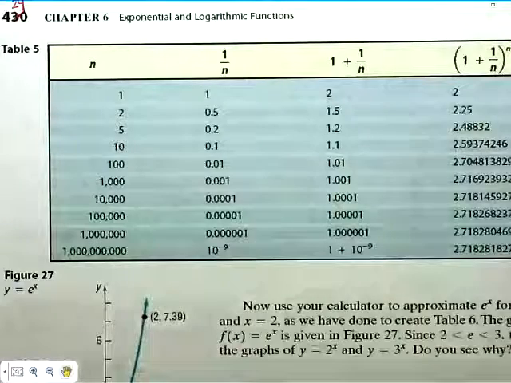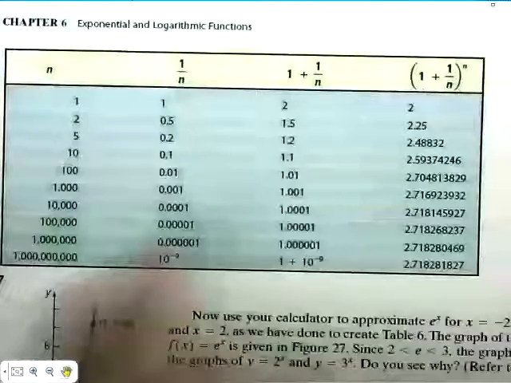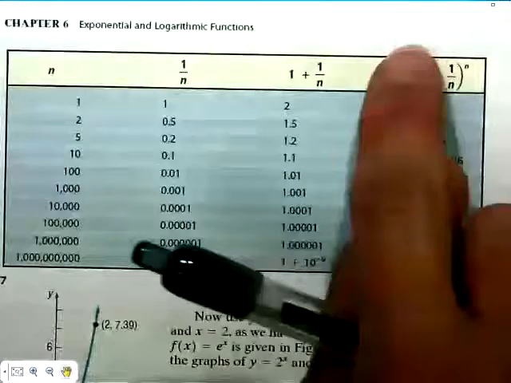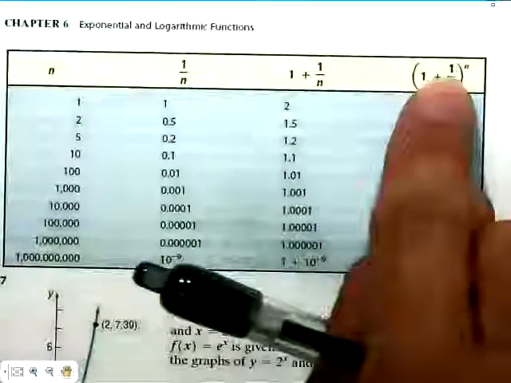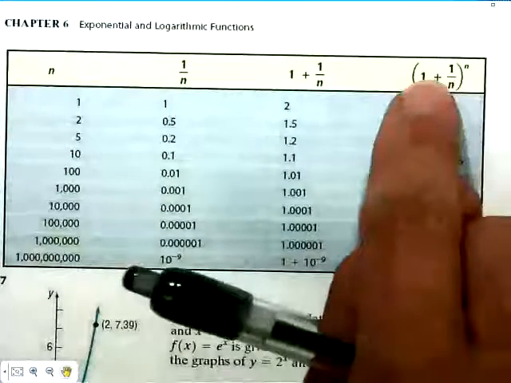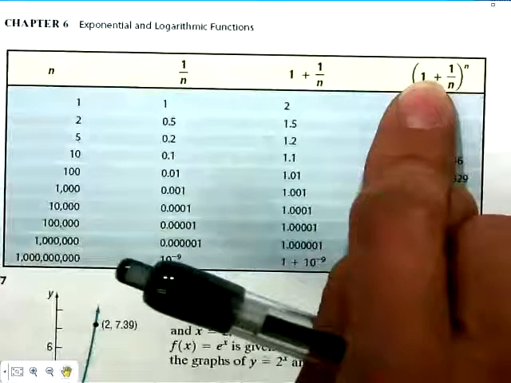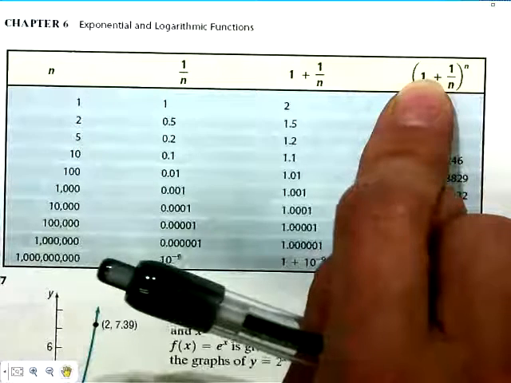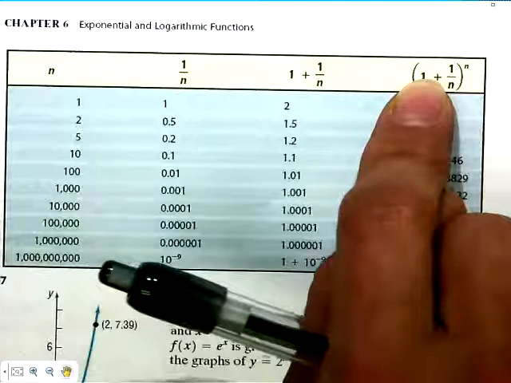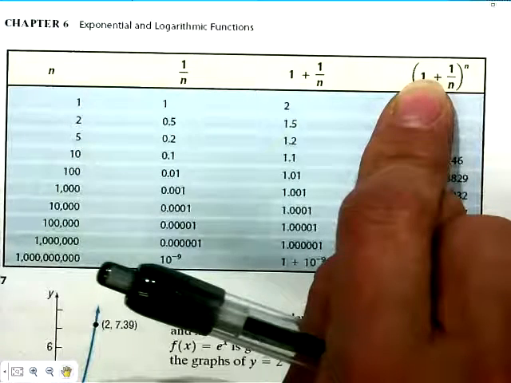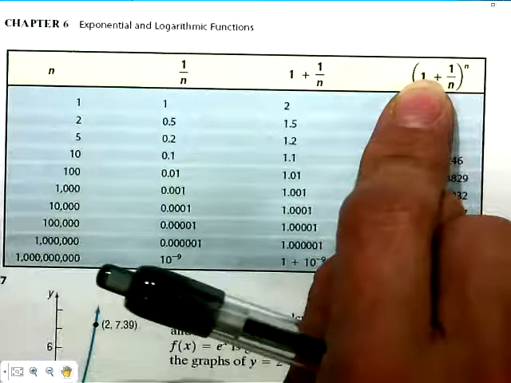But this example, this is page 429 in the book. And this formula in the right-hand column of this chart is the compound interest formula. We're going to talk about that later. If we invested $1 at 100% interest, compounded once a year for 1 year, what would $1 at 100% simple interest become in 1 year?